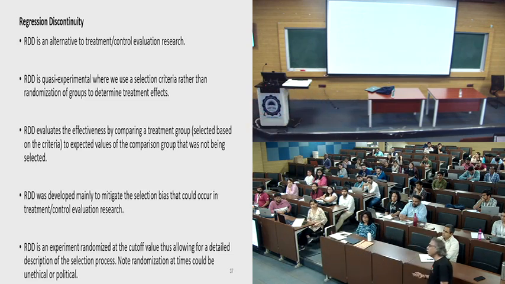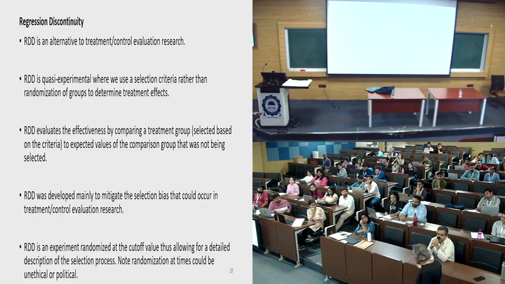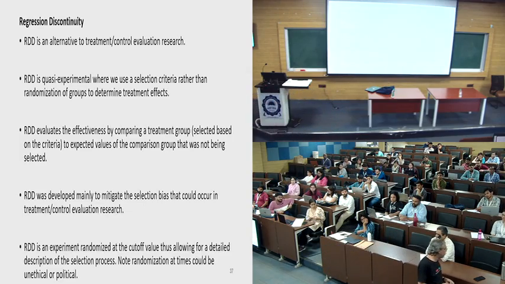So RDD was developed mainly to mitigate the selection bias problem. Here there is no self-selection, because that is the purpose of it. I tell you the criteria: if you qualify, come; if you don't qualify, don't come. And then it's an experiment.